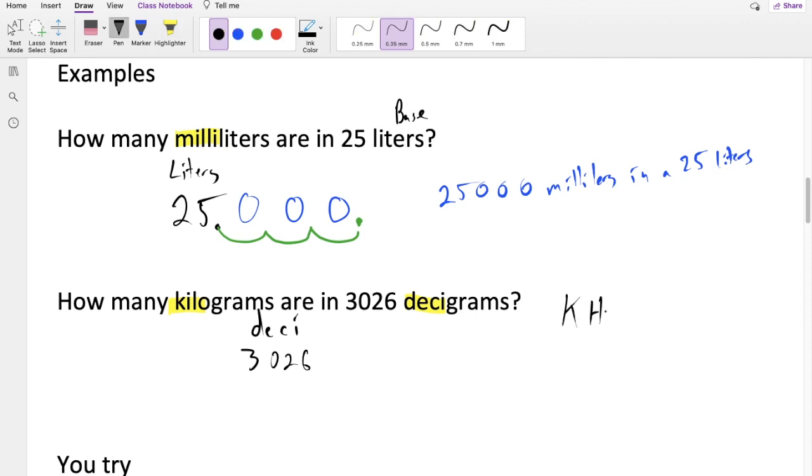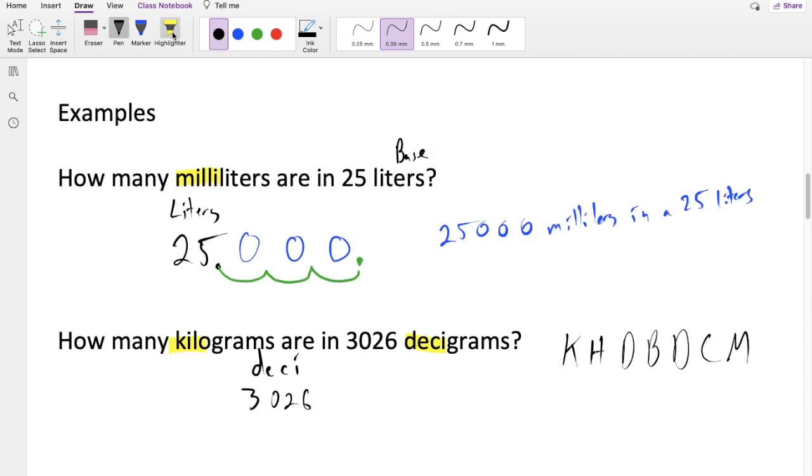So I'm going to rewrite the King Henry died by drinking chocolate milk. So our deci is this one. Our kilograms is this one. Notice that it's to the left this time. So what that tells me is I need to go from deci 1, 2, 3, 4 to get to kilograms.